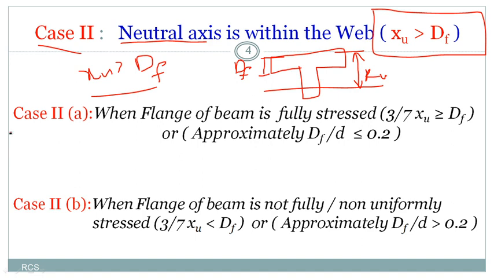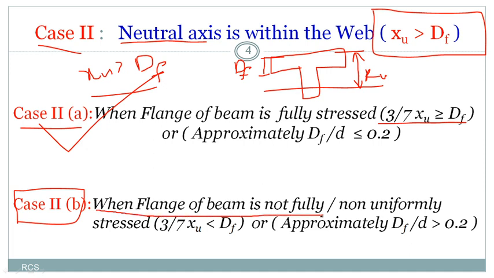In this we have two cases that arise. We have discussed in detail the first case, when the flange of the beam is fully stressed, the situation when 3/7 of XU is greater than or equal to DF. Now in this class we will discuss in detail case number 2, when the flange of the beam is not fully or not uniformly stressed.